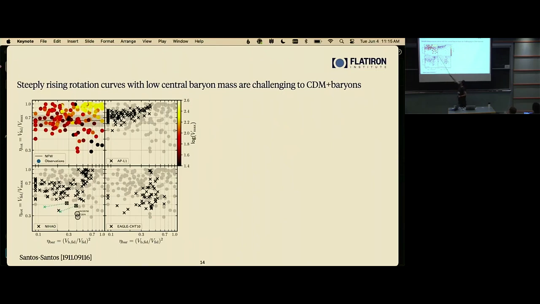So again, these objects have high baryonic mass fractions, and they're also massive galaxies, so they're more steeply rising because of the baryonic contraction. These things, however, over here, have low baryonic mass fractions, but they're rising more steeply than NFW. And previous simulations, again, really struggled to reproduce these objects. So these steeply rising rotation curves with low central baryon mass are challenging to the CDM plus baryon picture.